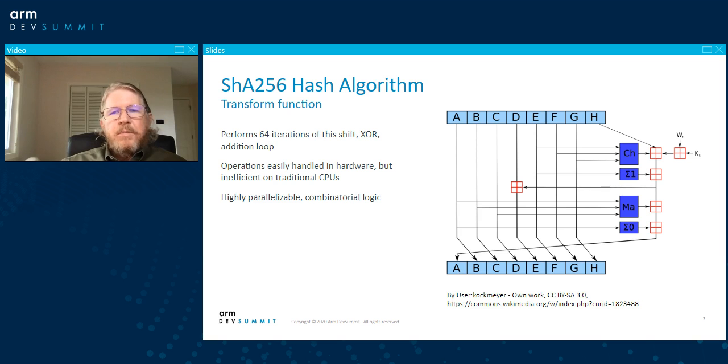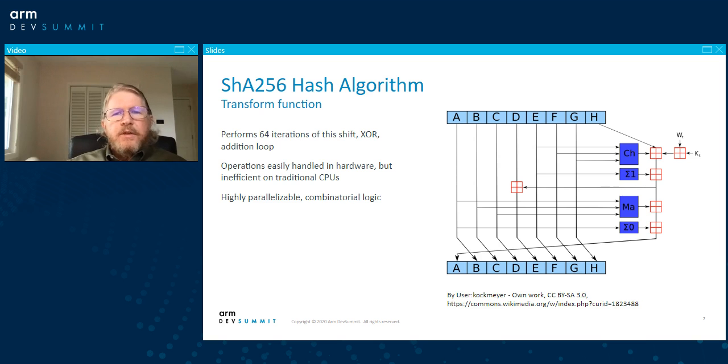And the top level bit is run through a set of exclusive ORs, summations, and shifts, and dropped back into the top 32 bits. This is repeated 64 times for a complete iteration of the incoming 512-bit packet that we're going to be hashing on.